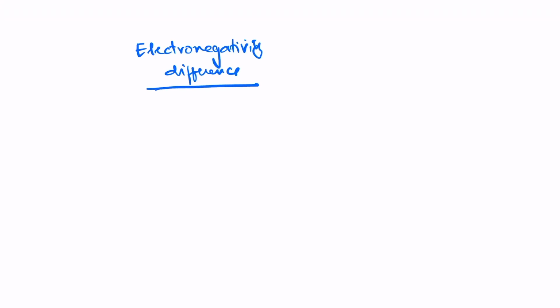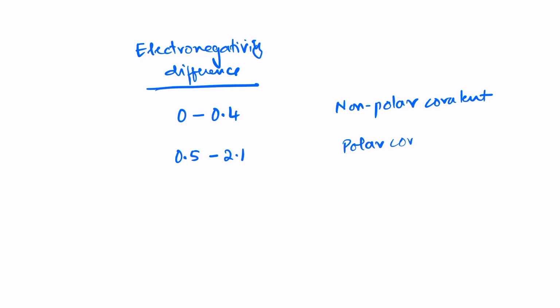If the electronegativity difference is anywhere between 0 and 0.4, then the bond is largely non-polar covalent. If the difference is between 0.5 and 2.1, the bond becomes polar covalent. And anytime the difference is greater than 2.1, the bond is ionic.